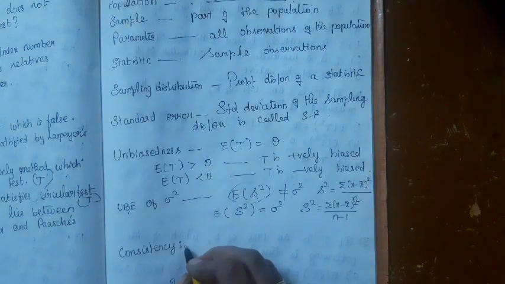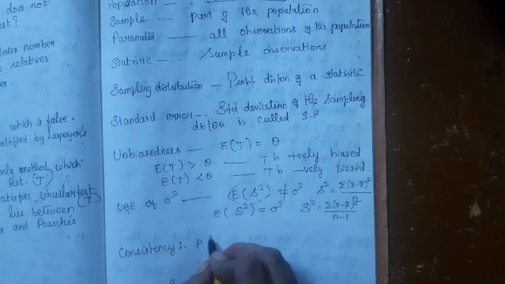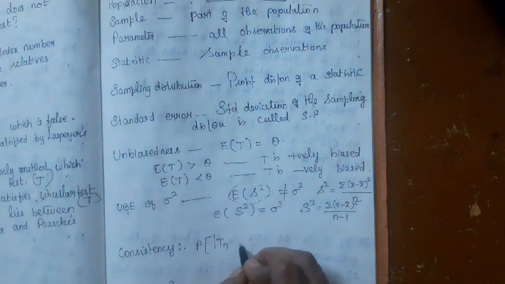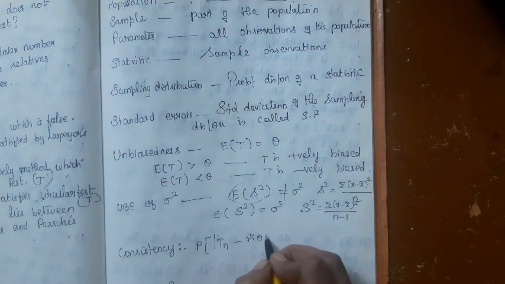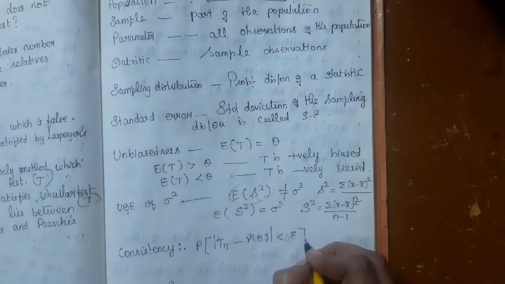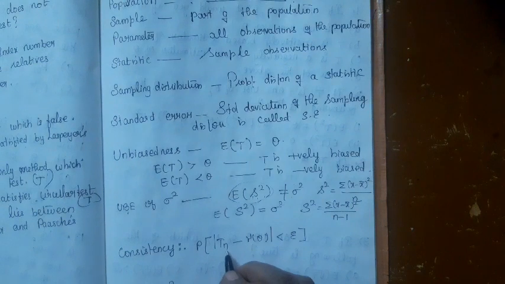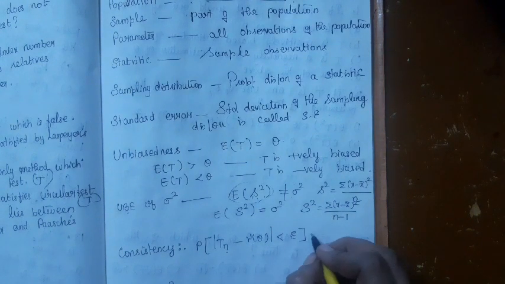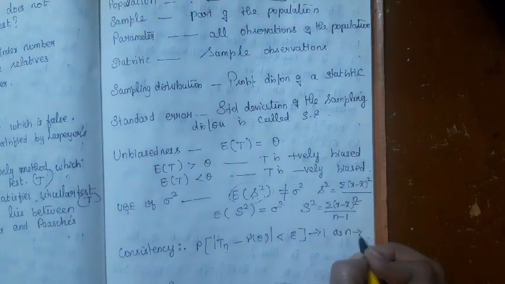And consistency, this is an asymptotic property. According to this property, an estimator Tn is said to be a consistent estimator for the parametric function gamma theta if probability of modulus Tn minus gamma theta is less than epsilon goes to 1 as n tends to infinity.